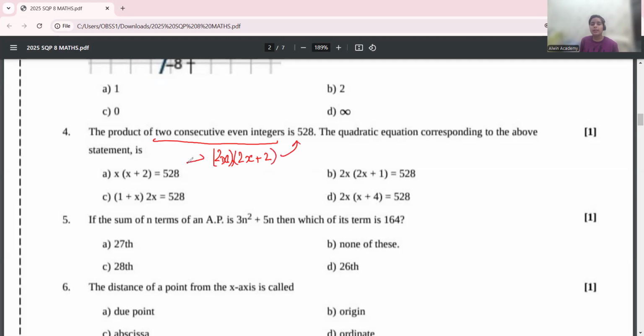This should ideally be the quadratic expression. Here, there is a mistake in the question, which is not going to happen in boards, but these are sample papers. The most appropriate option, if we still have to select one, would be option A, wherein x and x plus 2 have been taken. However, we do not let even numbers like this. For accuracy, we should always let them like 2x and 2x plus 2.